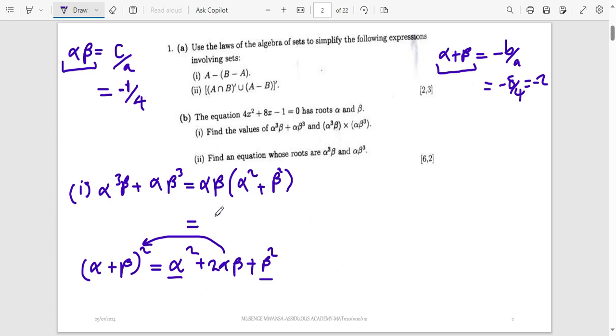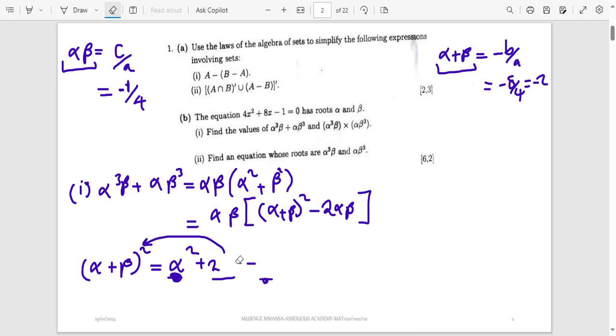This means that alpha squared plus beta squared is the same as alpha plus beta in brackets squared minus 2 alpha beta.